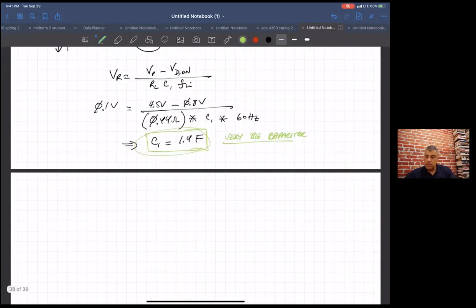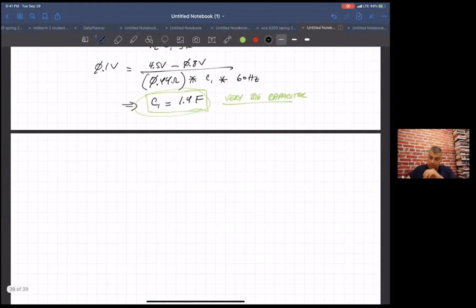Okay, so let me talk about one more real life thing with this circuit. This isn't going to come on the test or anything, it's just something for you to remember, because at some point in your life you're going to pick the wrong diode and it's going to blow up, and you're going to remember I told you this.